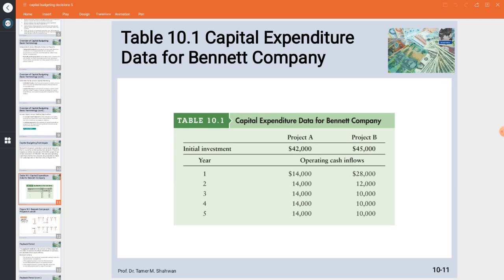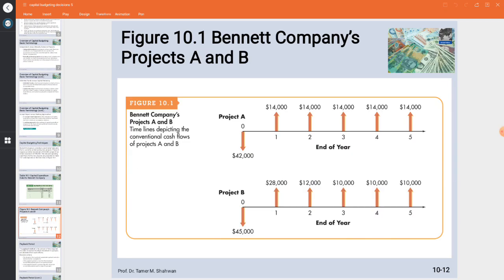First of all, when you have this type of data, you must try to figure it out using a timeline. In this timeline, as you see, in Project A, at time 0 we have a cash outflow, which is the initial cost of 42,000, and then from the end of year 1 to the end of year 5 we are going to have constant cash inflows in an amount of 14,000.